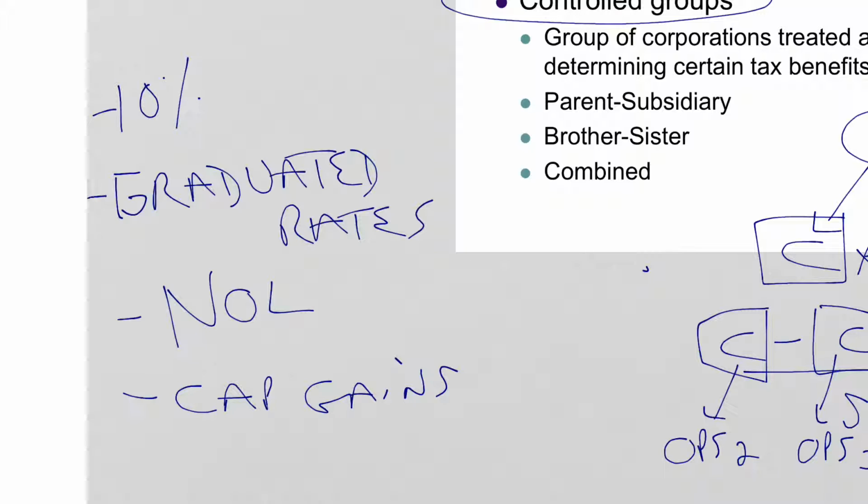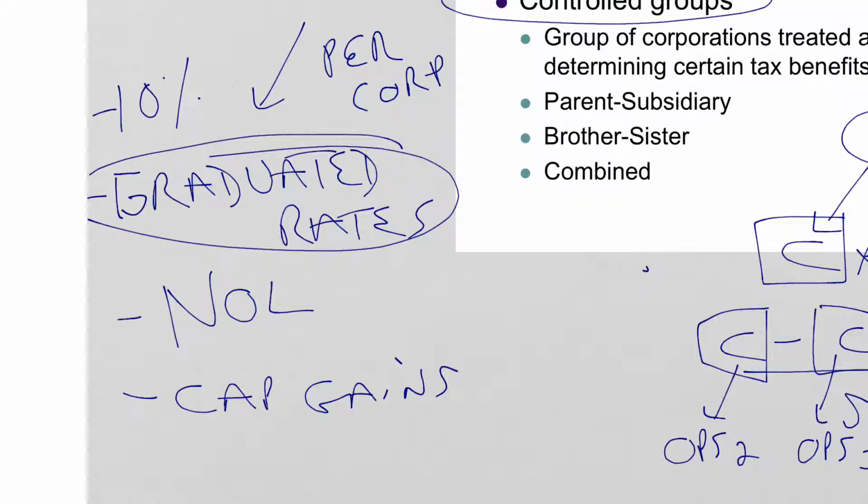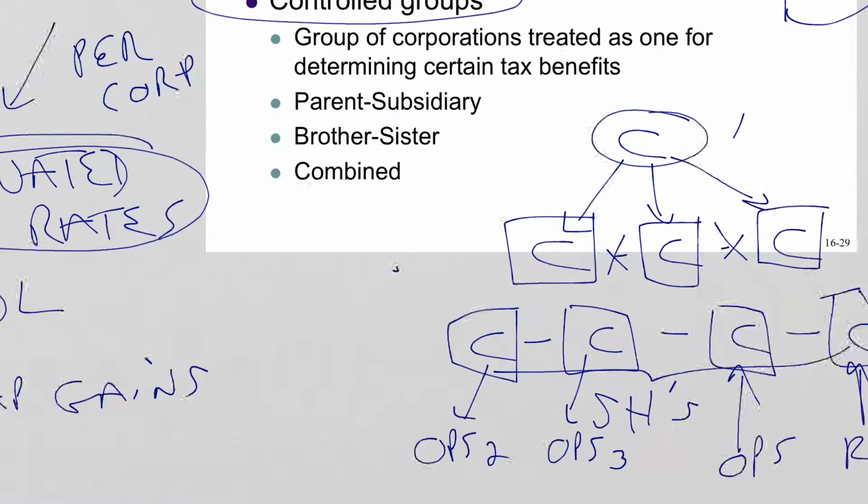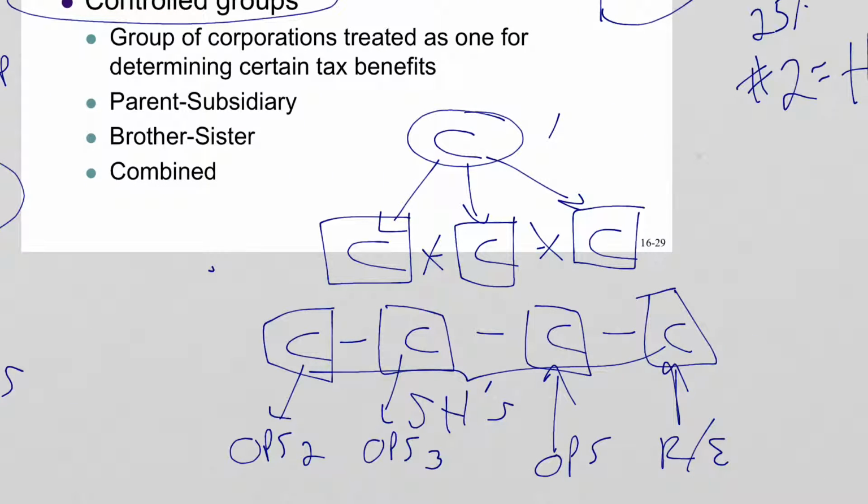And so what the tax law was saying is that with all these limitations per corporation, if you got clever, particularly with the graduated rates here, and said, oh, well, let's break all these up like this, for example, in this picture, or this picture, each one of these corporations gets the benefit of the bracketed rates, similar to in Tax 1 where you saw parents giving money that would earn income to children to use the children's lower tax brackets.